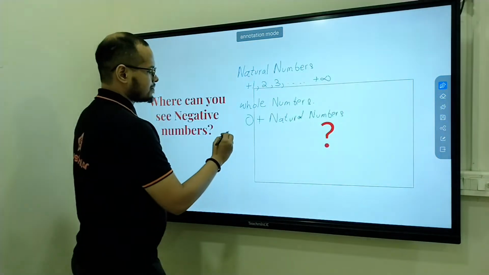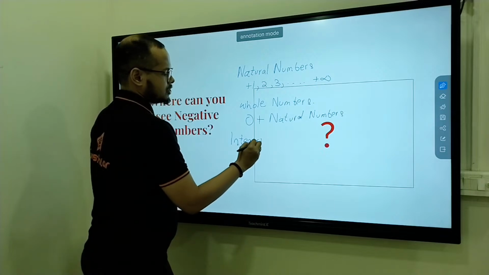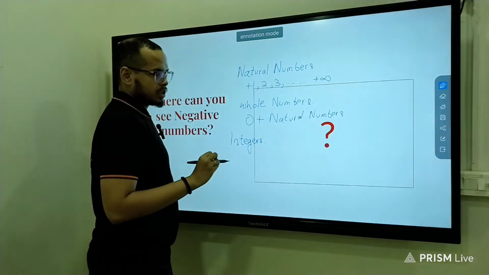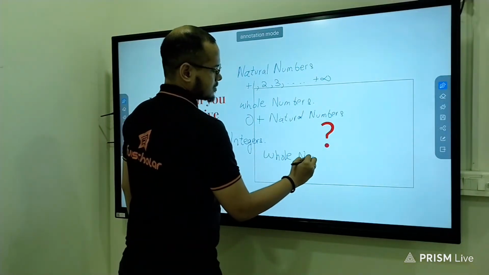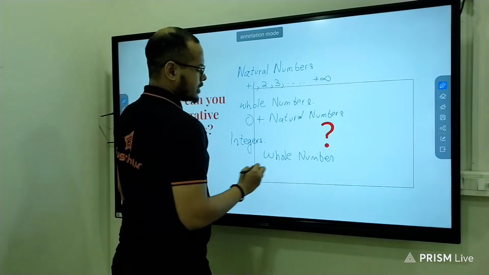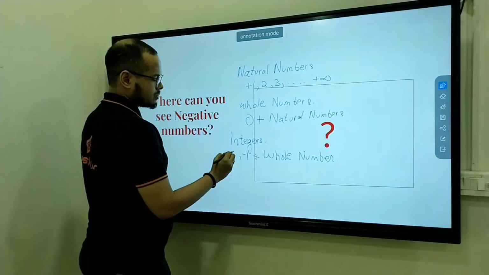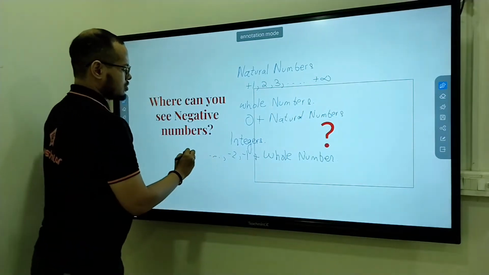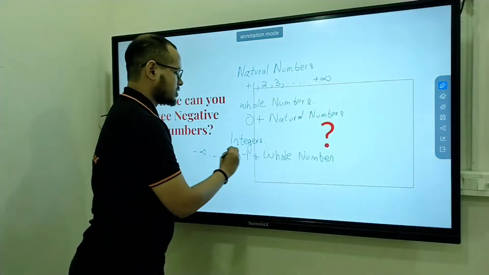Now, integers. We already know what whole numbers are. If we add the entirety of negative numbers, from -1, -2 down to minus infinity, this entirety is what is known as the integers.